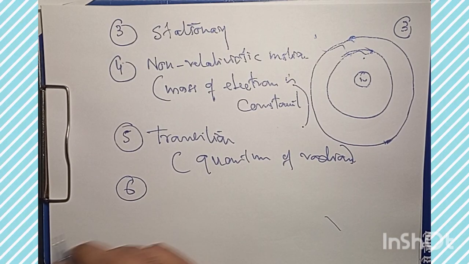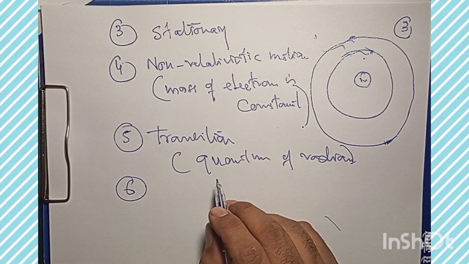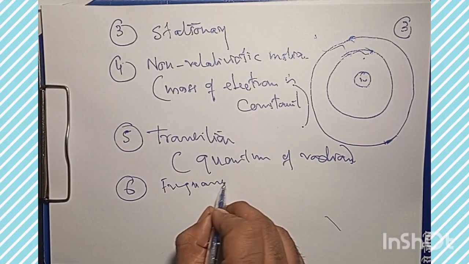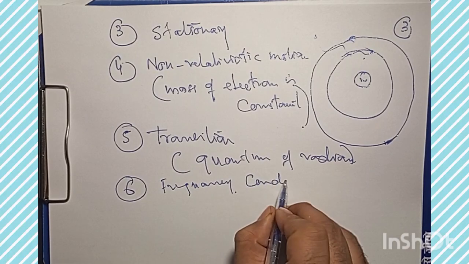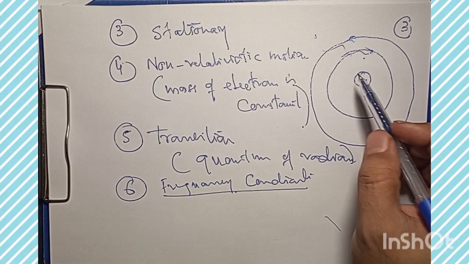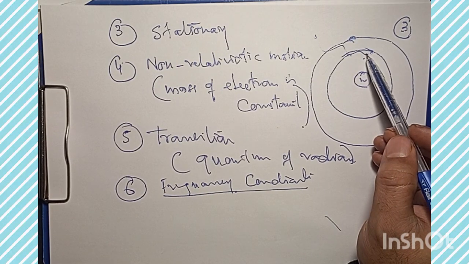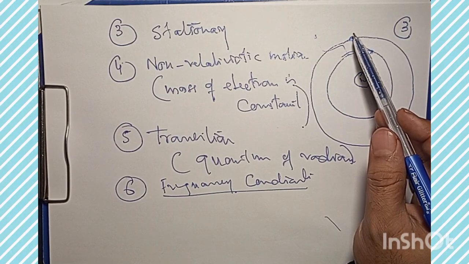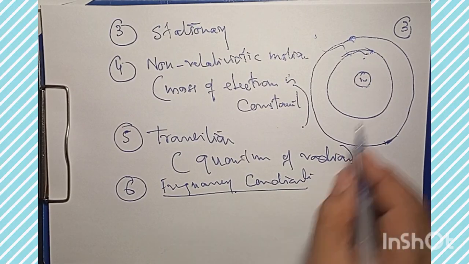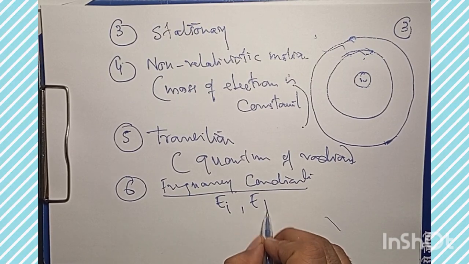The sixth point that I would like to talk about here is the frequency condition. Suppose an electron jumps from one stationary orbit to another stationary orbit, and has energy EI in the first orbit and EF in the next orbit.